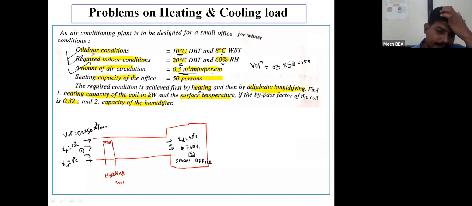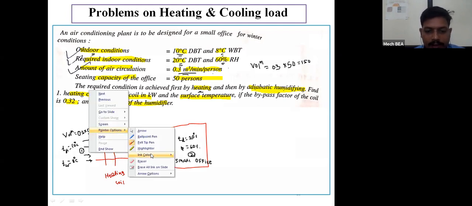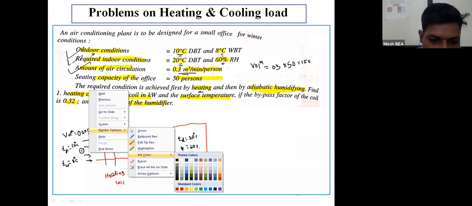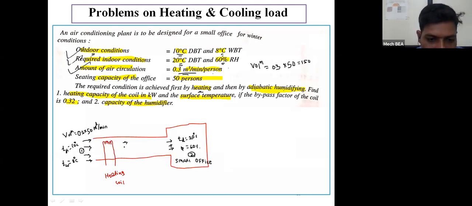Whenever outside air passes over this heating coil, the properties of that air will go on changing.